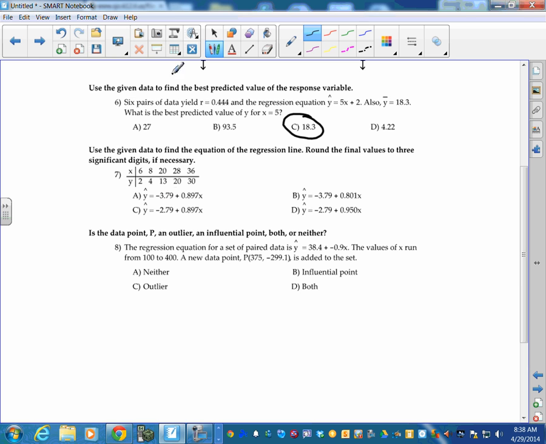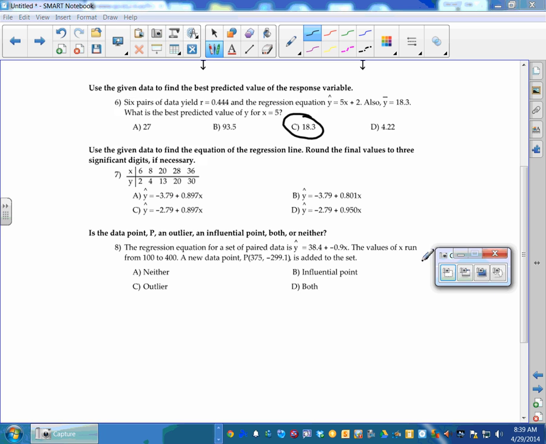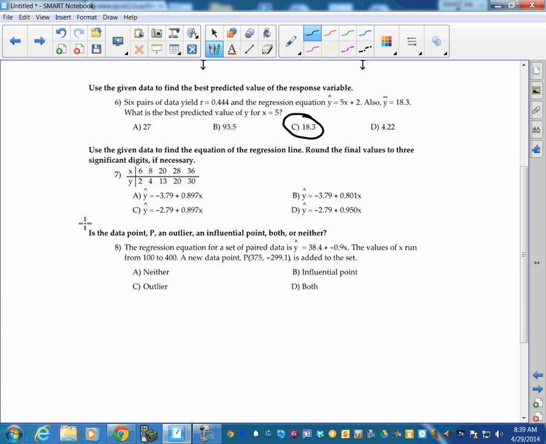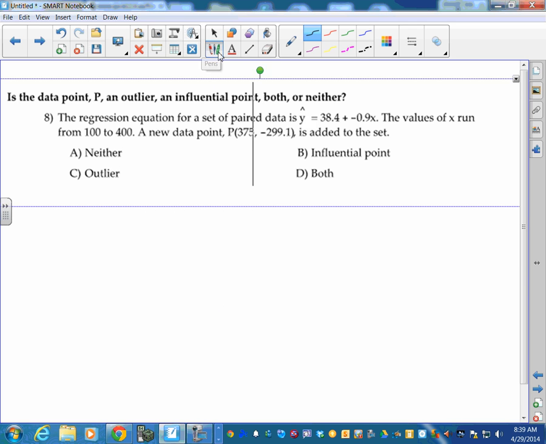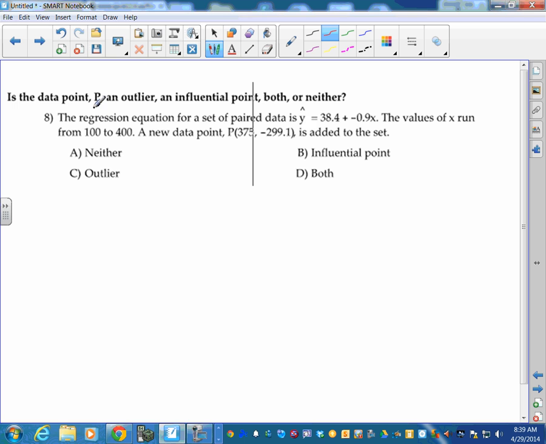Number 8. Oh, here we go. We never did get through this the last time. I'll give you a minute. All right. Is it an outlier, influential point, both, or neither? The x values run from 100 to 400.